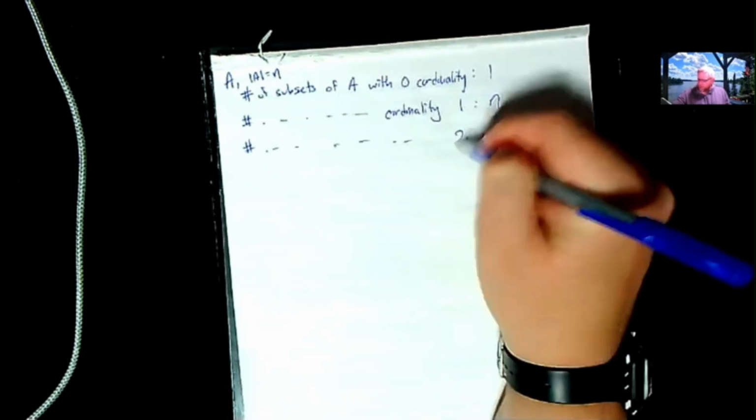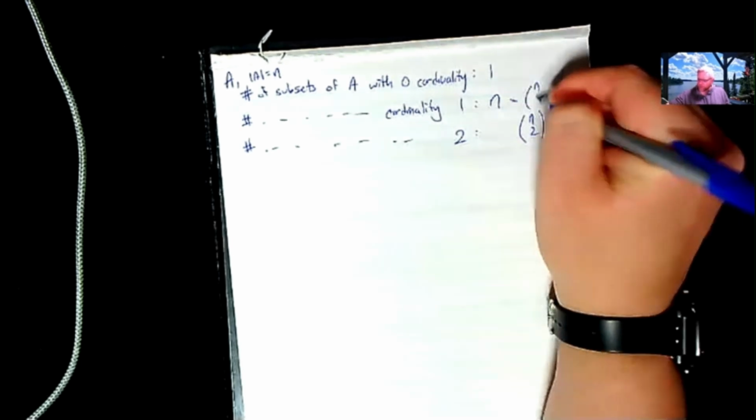Then you get into the number of subsets with cardinality 2. How many are there? Another way to ask this question is, how many different ways from a set of n elements could I choose 2? n choose 2.